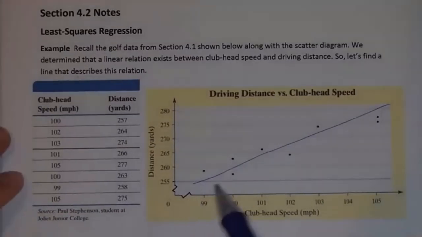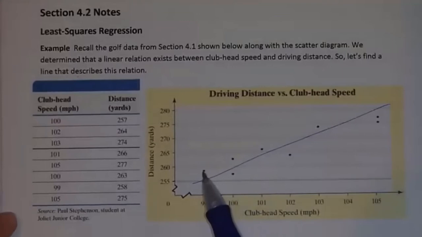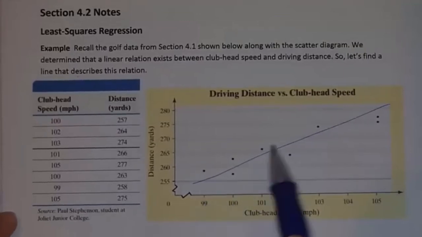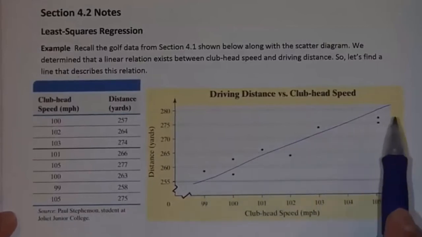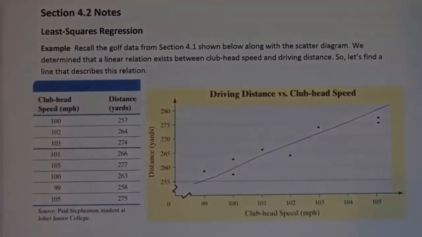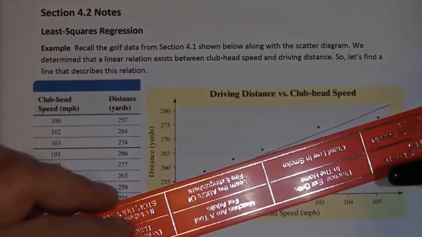So suppose that this is my line. I want to come up with a way of getting the best line. Another way that I could find the line, incidentally, is I could just choose 2 points. Like I might pick this point right here and this point right here, and I draw the line between those 2 points. And if I do that, then I could use that as my model.